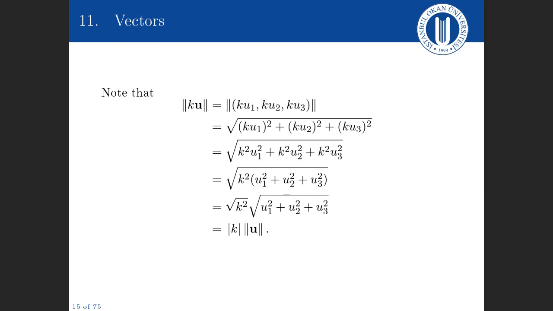If k is a positive number, then we just get k. If k is a negative number, for example, if k is minus 3, when we square minus 3, we get plus 9. And then the square root of 9 is 3.